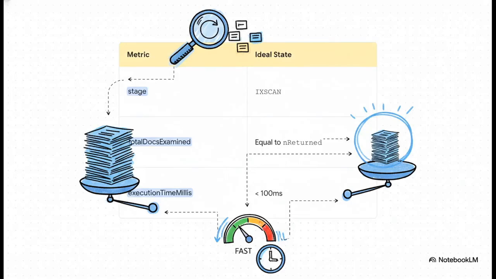So when you're looking at an explain plan, think of these 3 metrics as the vital signs of your query's health. First up, the stage. What you want to see here is IXSCAN. That's your confirmation that an index was actually used. Next, totalDocsExamined. Ideally, this number should be equal to, or at least very, very close to, nReturned, the number of documents it gives you back. And finally, executionTimeMillis. Your goal here? Keep it under 100 milliseconds.